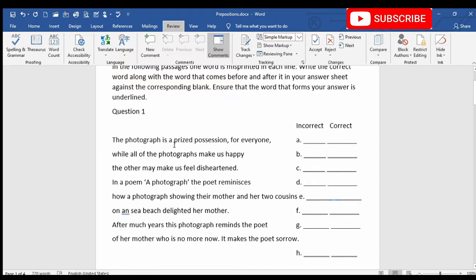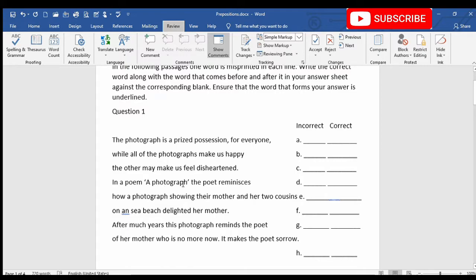The photograph is a prized possession for everyone, while all of the photographs make us happy. The other may make us feel disheartened.